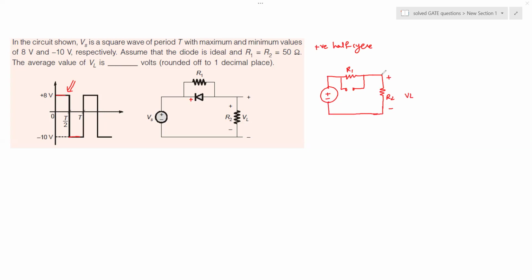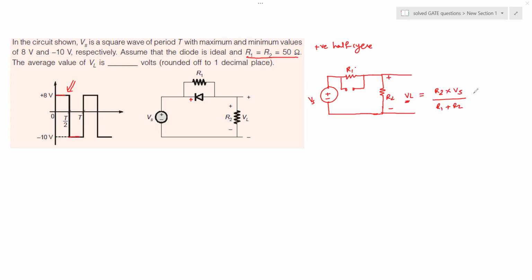right over here. And what we see in this case, R1 and R2 are both 50 ohms each. Therefore, voltage VL would be equal to, due to voltage division, R2 multiplied by Vs, here is your Vs, divided by R1 plus R2.